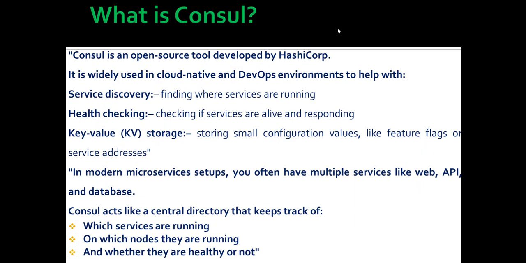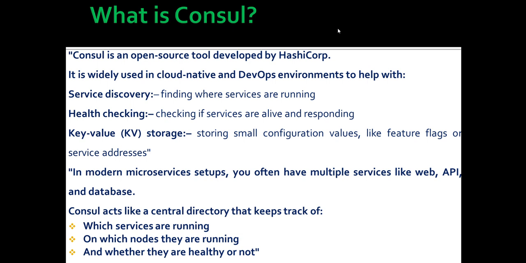First of all, we need to know what Consul is. Consul is an open source tool developed by HashiCorp. It is widely used in cloud native and DevOps environments to help with service discovery, finding where services are running, and also health checking, to see if services are alive and responding.